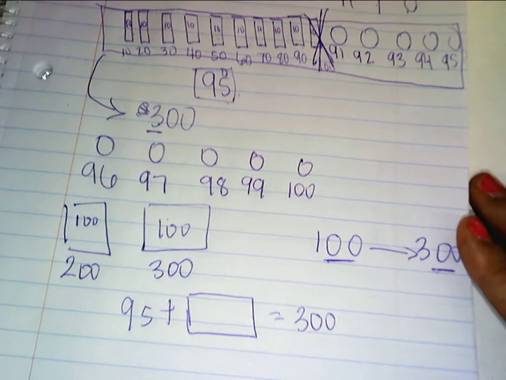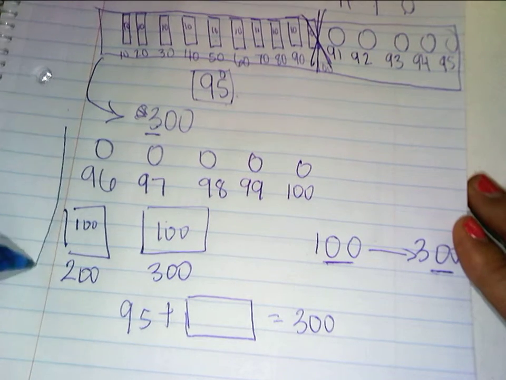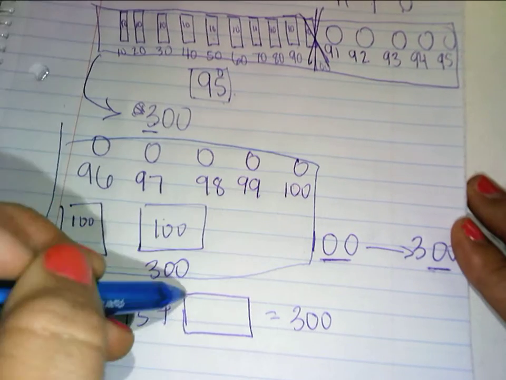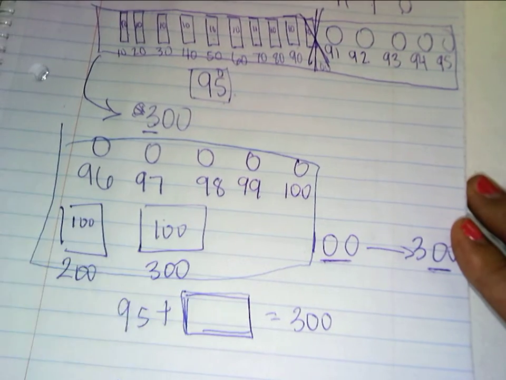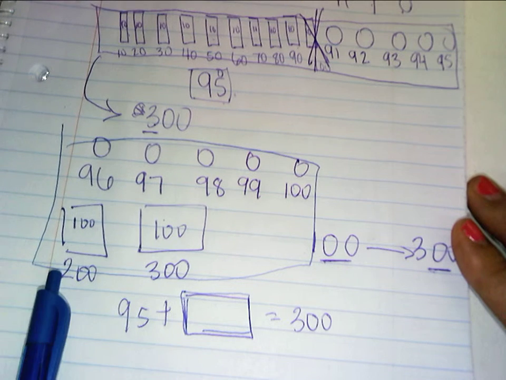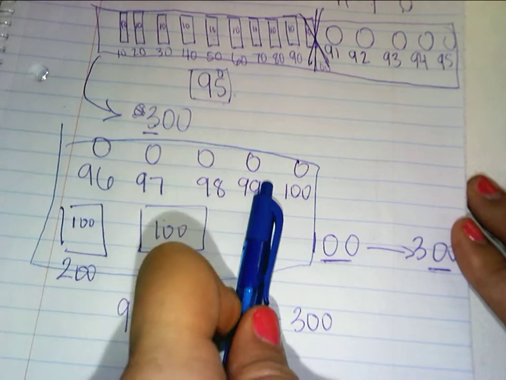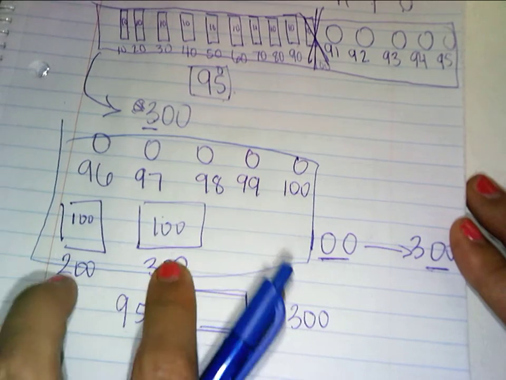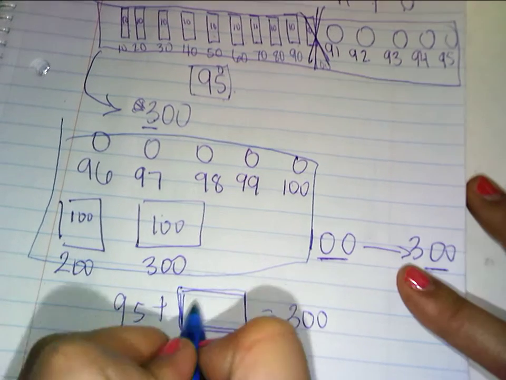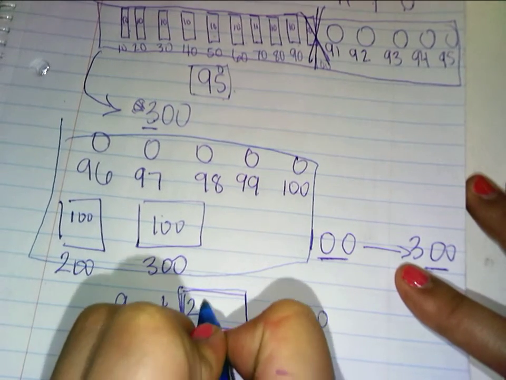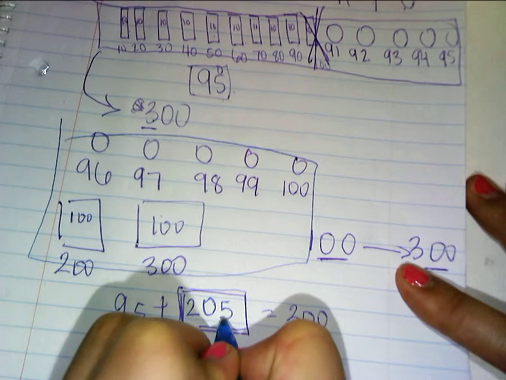So now we're going to count all of these numbers to find out the missing part. So I have 100, 200, 201, 202, 203, 204, 205. I have two groups of hundreds, so I write 2 in the hundreds place, 0 tens, and 5 ones.